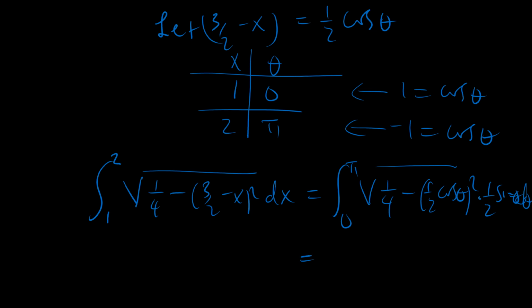So this is the same as, 0 to pi. Pulling a quarter out is a half, and so we have 1 minus cos square theta, and then obviously this half also can be brought out here, but let's just keep it there for now.